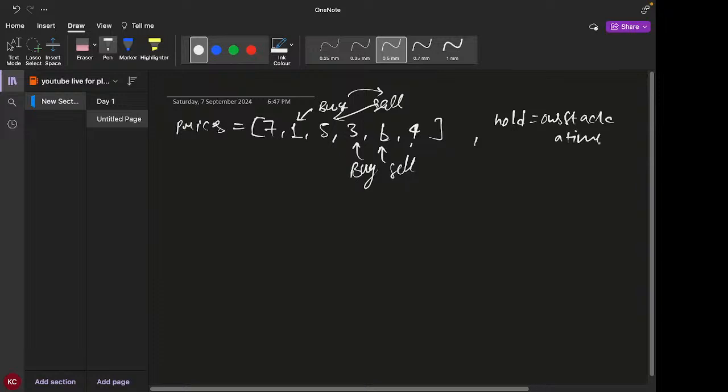So I will use a flag, hold, that will represent if I have any stock. Let's suppose I try to solve 7, 1, 5, 3, 6, 4.